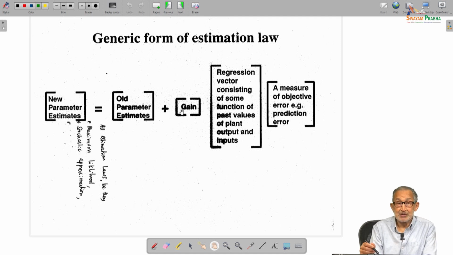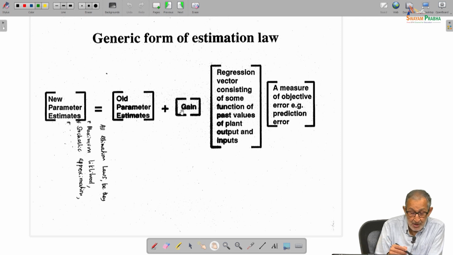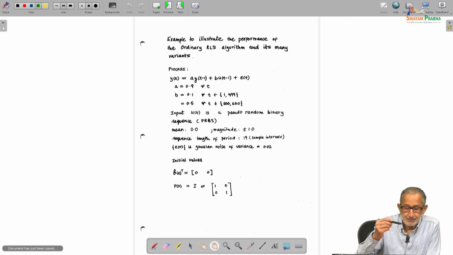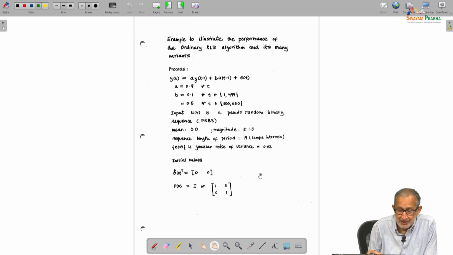In this case, it's the prediction error. And I write here all estimation laws, be they maximum likelihood or stochastic approximation, all have this form. All estimation laws have this form. Let's apply this to this example.